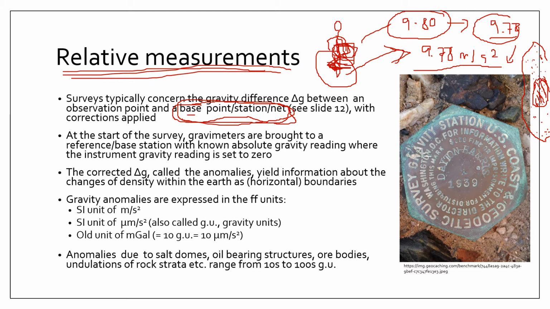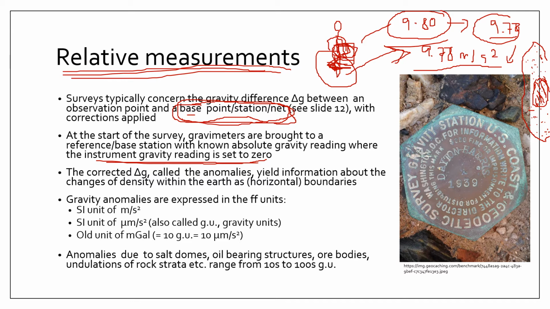Or the simplest way to do this is to just go to the base station and set the gravity reading to 0. And from there, once you go to the other places, you will instantly get the gravity difference with respect to that base station.